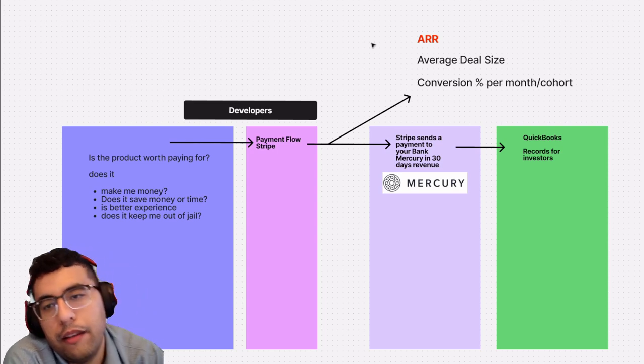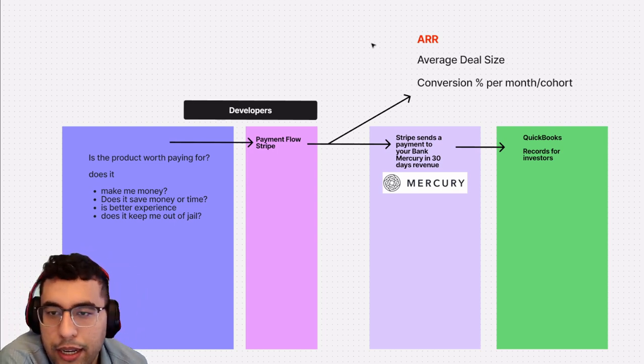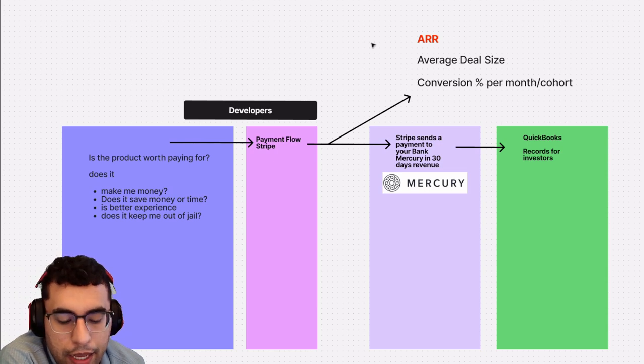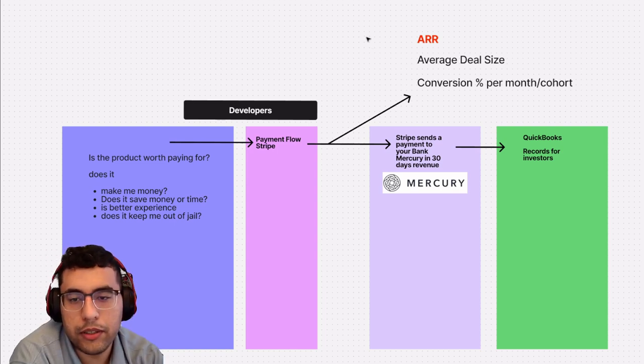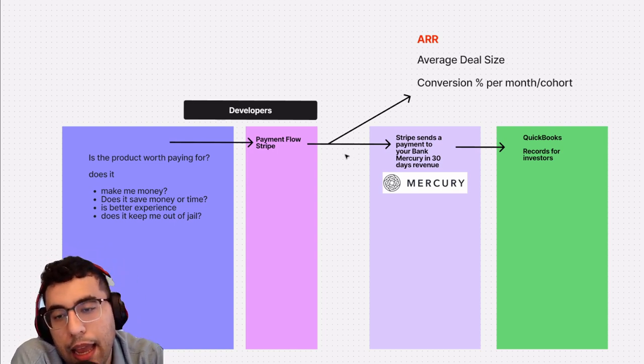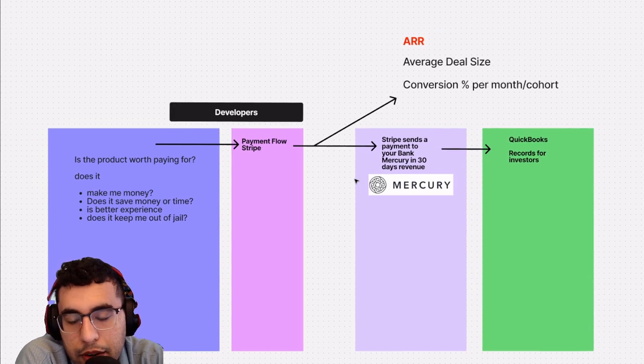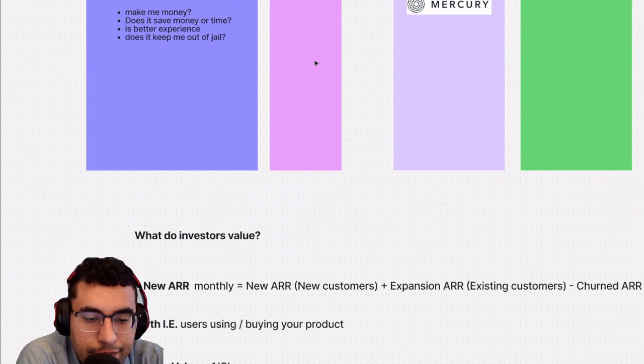That's your conversion metric of how many new leads you're generating, new ARR, right? They'll make a payment, and then you'll get paid by Stripe in 30 days. They'll take a fee out and then taxes, and then you'll get revenue from that. And then you'll record that in QuickBooks for investors.